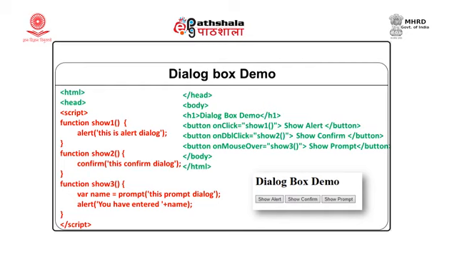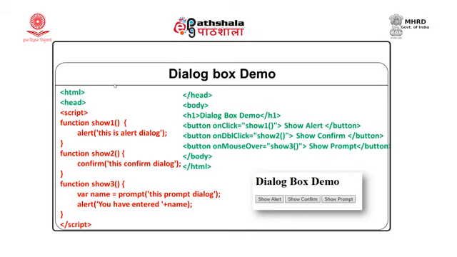For the second button, whenever the user double clicks it, we want to show the confirm dialog box, and whenever the user moves the mouse over the show prompt button, we want to display the prompt dialog box.